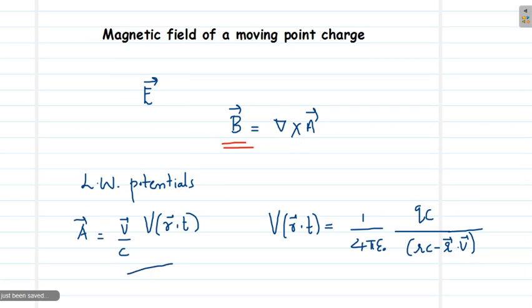So here we have the equation of vector potential. So we have magnetic field equal to del cross A, which is equal to 1 by C square into del cross of V bar into V. Here V bar is the velocity and V is the scalar potential.